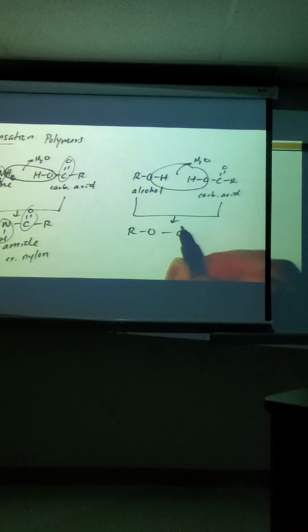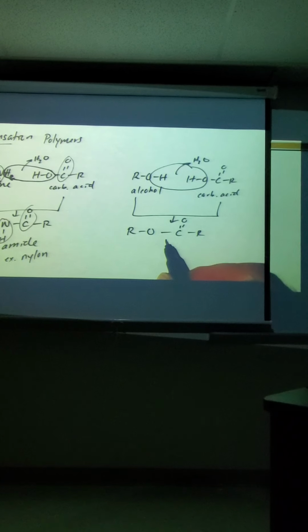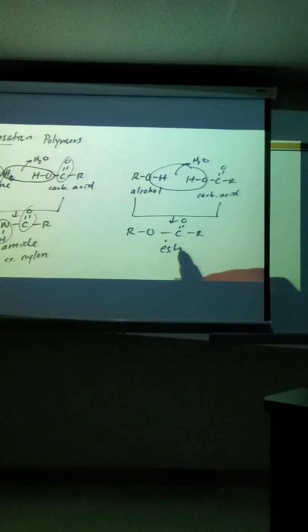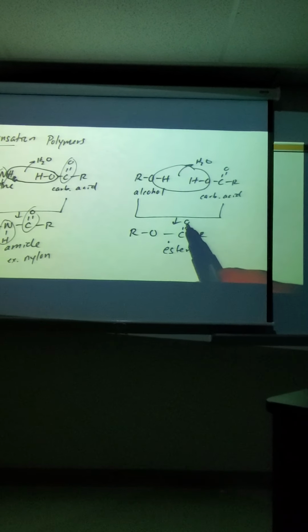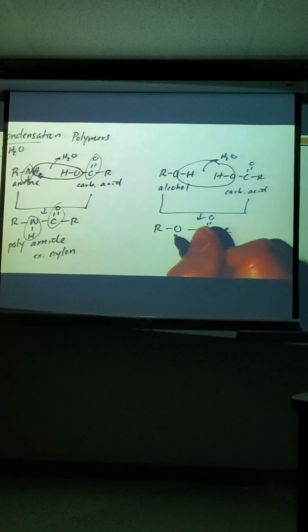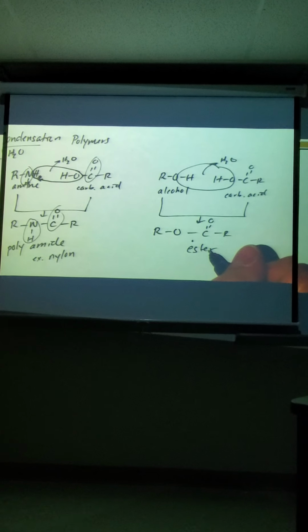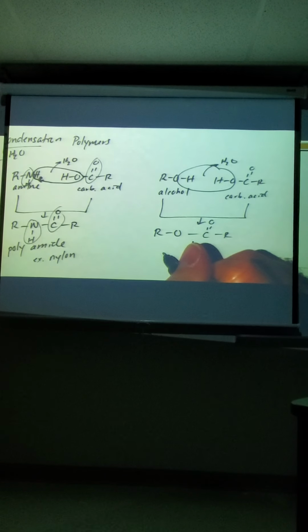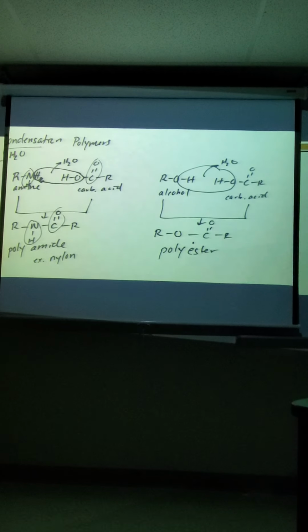Now we have this RO and this C double bond O R. We would call this an ester. It's got the two groups. It's like the grandma's here pushing her little cart in the opposite direction. In this situation, making one's not a big deal, but making hundreds of thousands, we would call this a polyester.